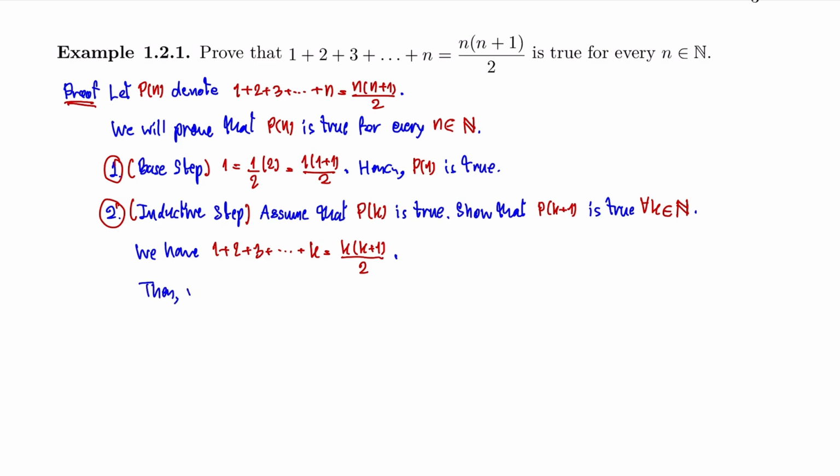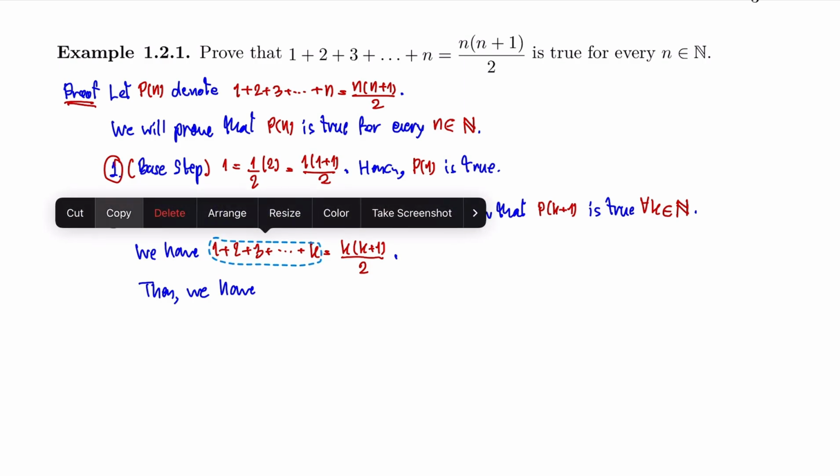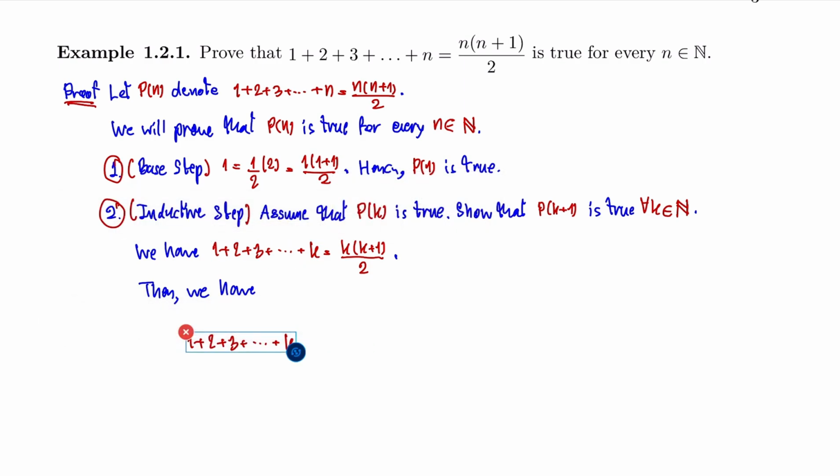Then we have to add k plus 1 to 1 plus 2 plus 3 all the way to k. So what happens to the right side? It becomes k times k plus 1 over 2.